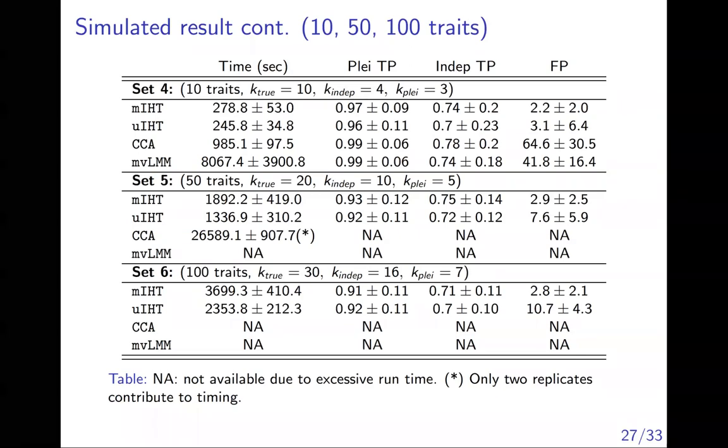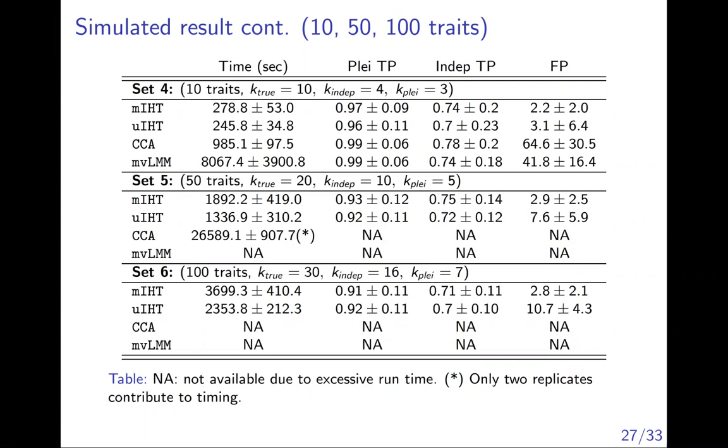Ben, on this 100 trait example, this result is about gene mapping. I wonder, did you look at the estimate of the precision compared to the truth? I'm a little worried, a 100 by 100 matrix is thousands of parameters. What's your sample size? It's 5,000.